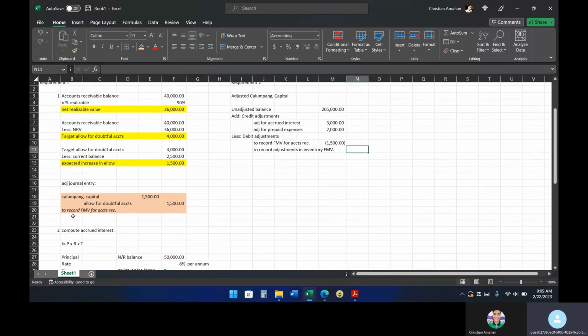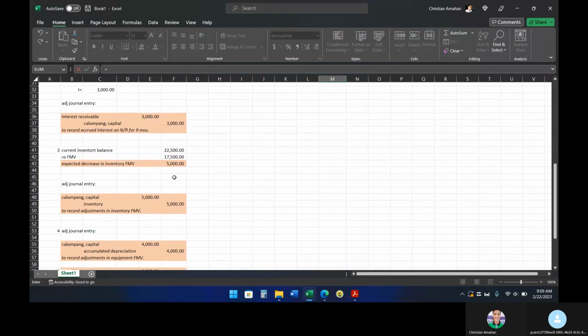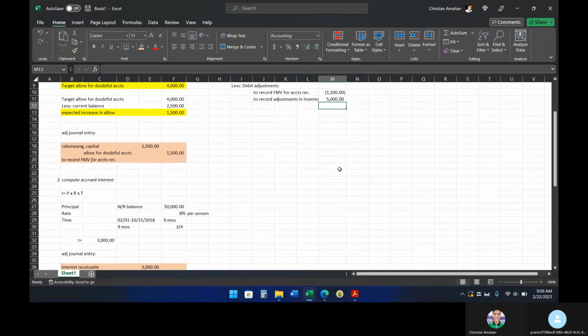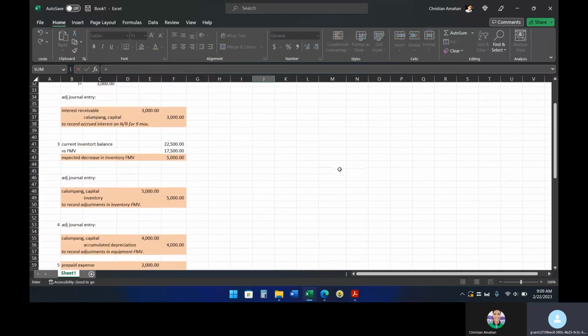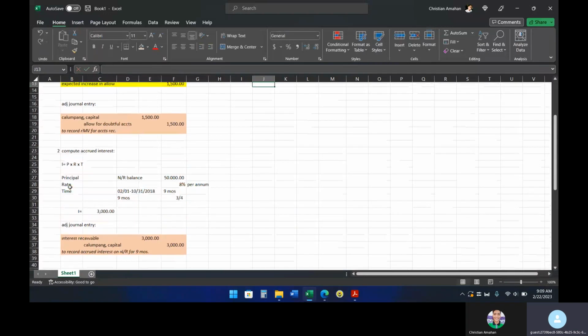The amount is 5,000 pesos. The next debit adjustment is on accumulated depreciation. The amount is 4,000 pesos.